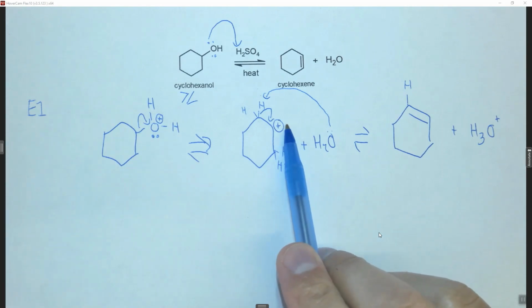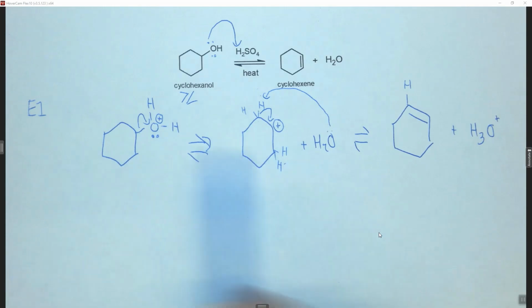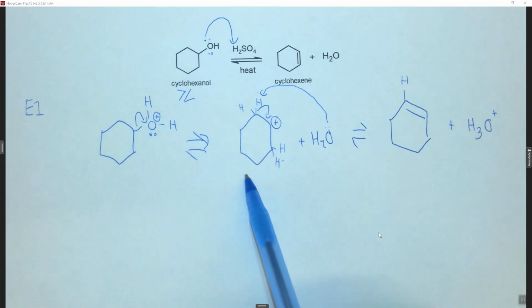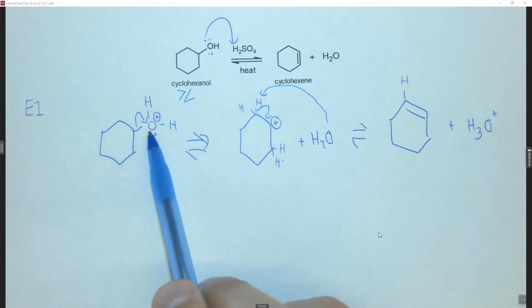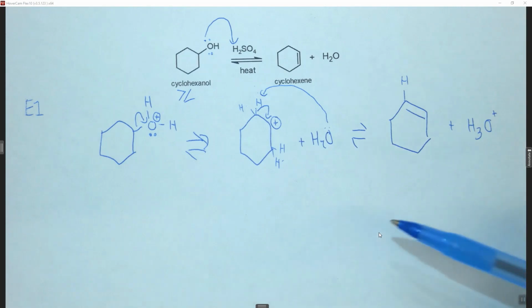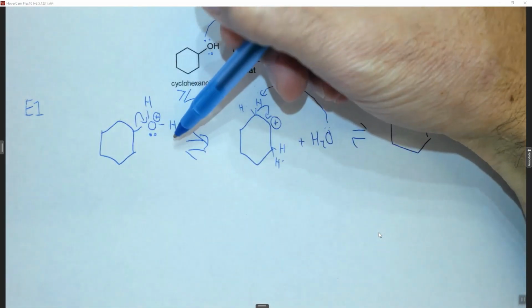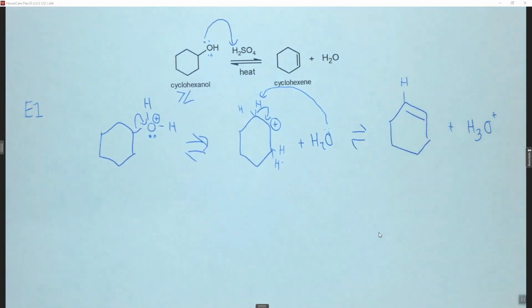So the rate of the reaction is based on the slow step, which is the formation of the carbocation. This step right here is the slow step. It only matters how fast water leaves. There is no pulling of a proton off causing the water to leave here, because it's an E1 mechanism and not an E2 mechanism. So hopefully that gives you some idea of how this mechanism proceeds.